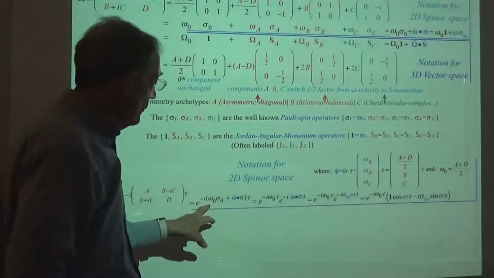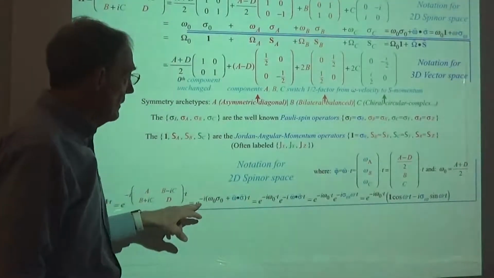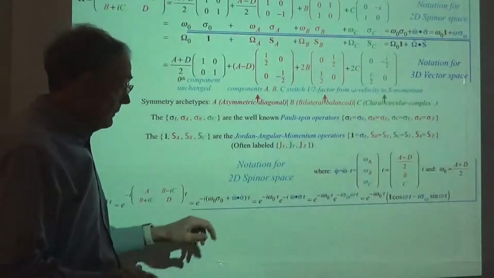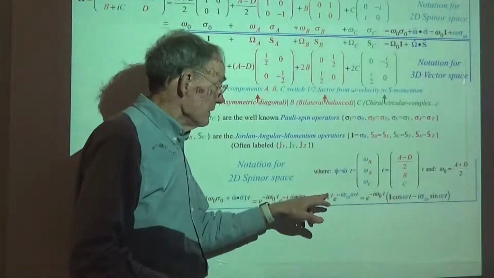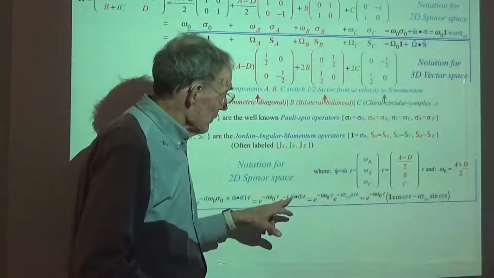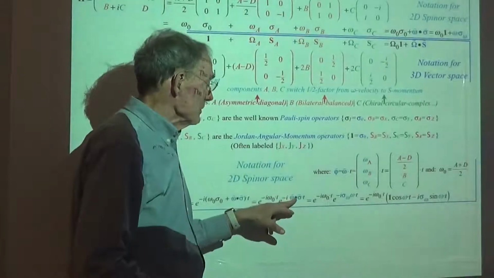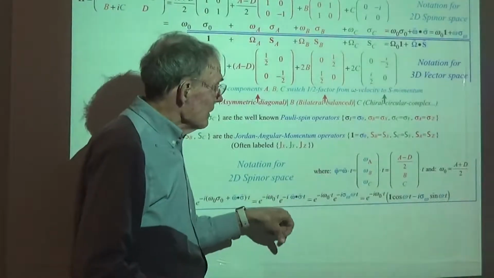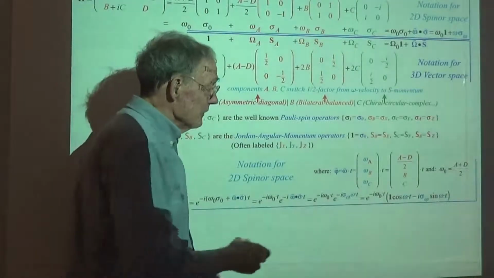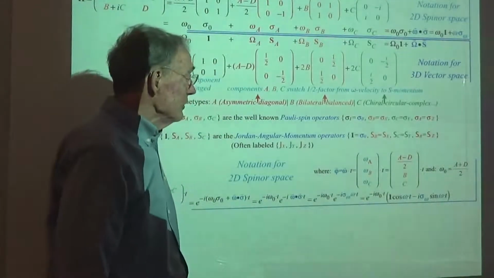So these are various notations here. Here's the way the 2D spinor space would look using lowercase omega. And you can write it as omega dot sigma. Remember, we know what that means. It means this new thing called sigma sub omega, and then it's multiplied by t.